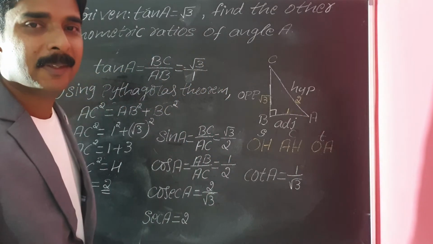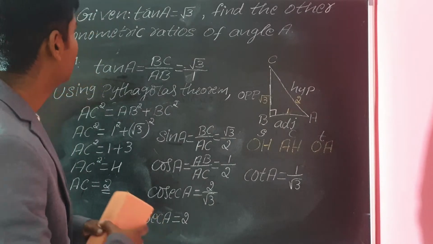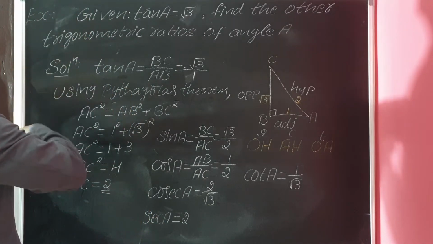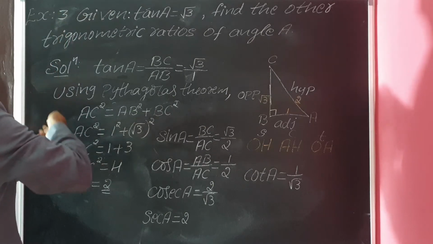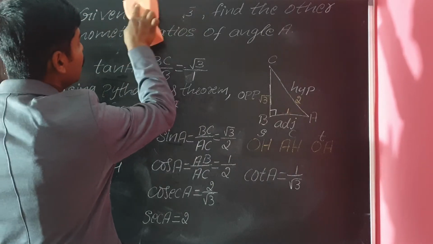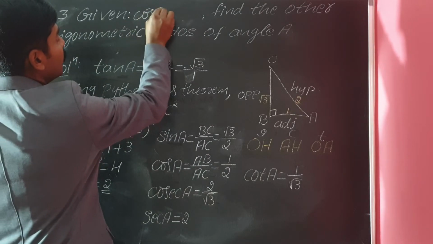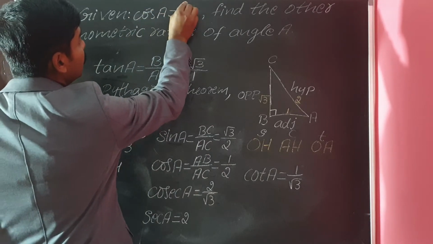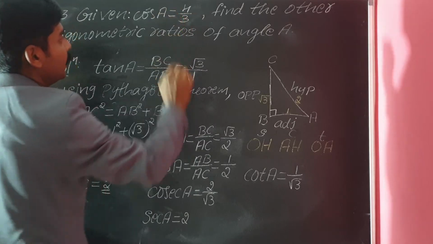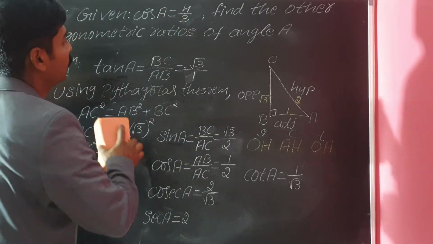Is this clear? Okay. Next, we will take one more example problem. Let us assume that instead of tan, cos A is given. Cos A is equal to 4 by 5. Okay.